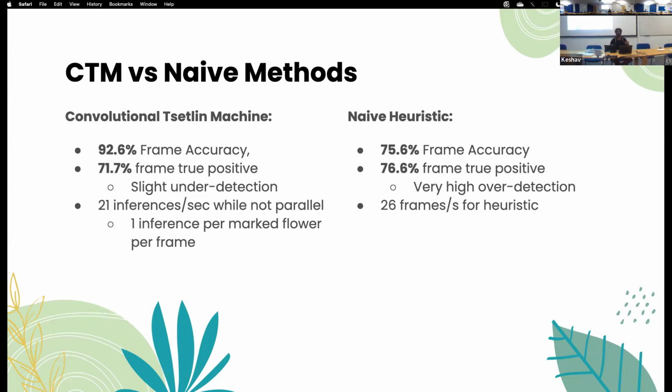However, comparing both of these methods on the same data set, the convolutional Tsetlin machine was able to get a 92.6% frame accuracy rate. Essentially, 92.6% of frames were categorized accurately, while there was a 71.7% frame true positive rate. Essentially, 71.7% of pollination frames were correctly categorized.